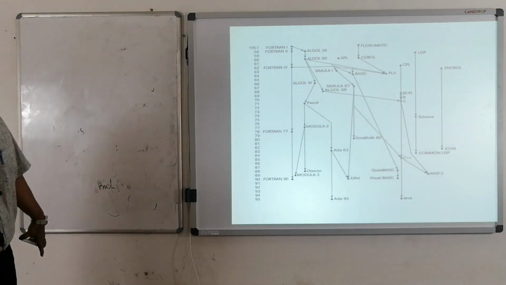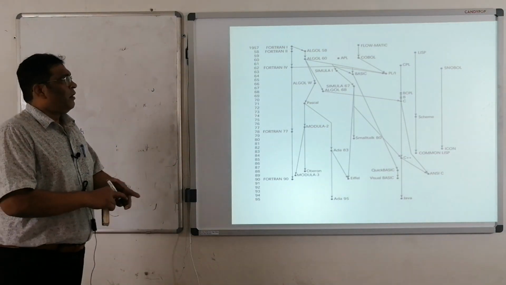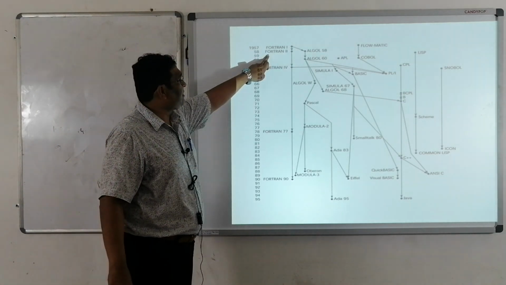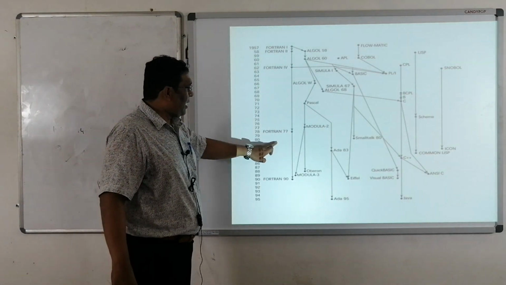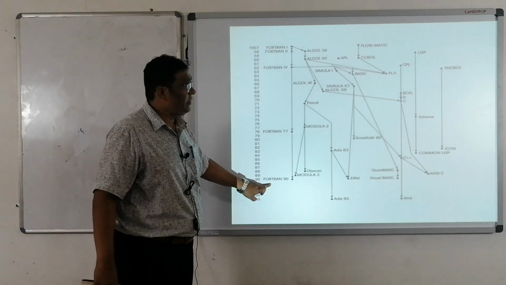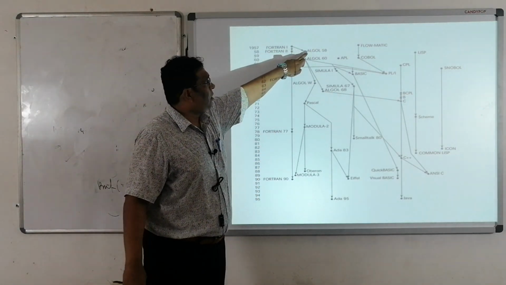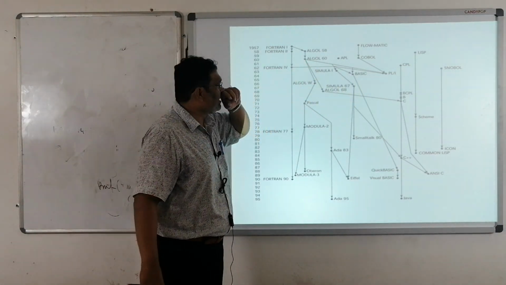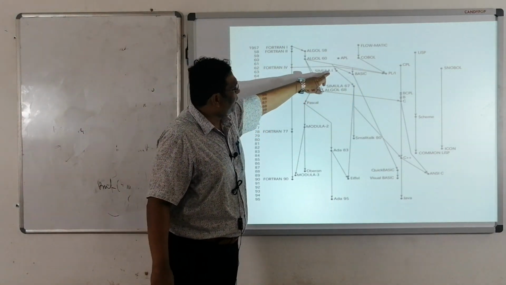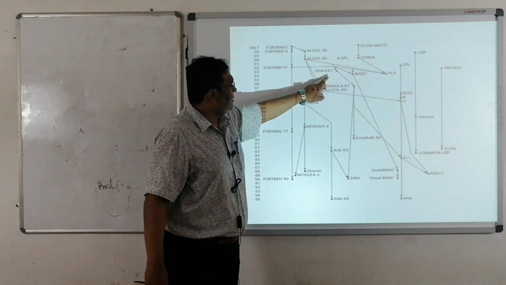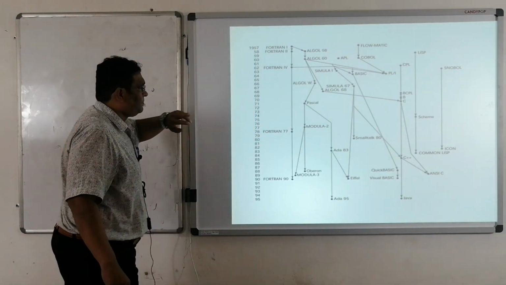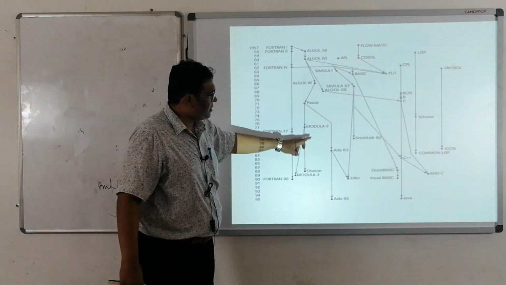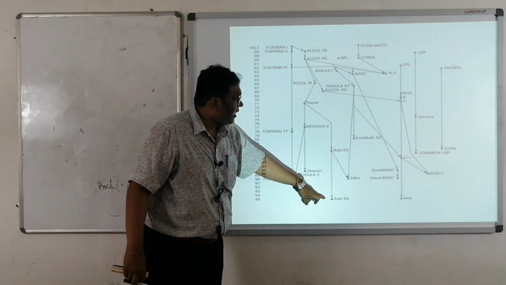Now, if you see this diagram, we are going to see how it is. Fortran was developed in 1957 and updated in 58, then updated in 62, 77, and 90. From Fortran we got Algol 58, Algol 60, then PL/I and other things. From this we got Pascal, then Modula-2, then Ada 83 and then Ada 95.